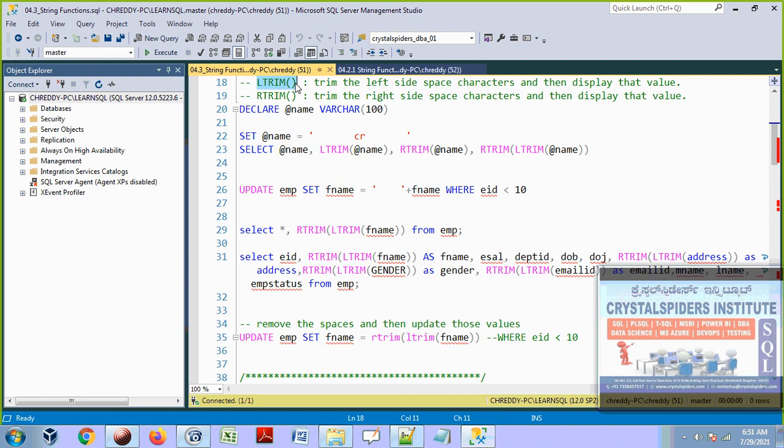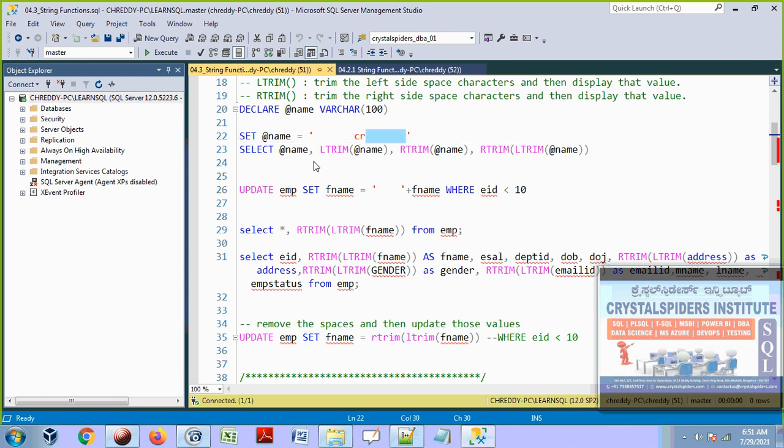So ltrim will trim the left side space characters. If any space characters are on the left side of a value, those will be trimmed. Rtrim means the right side space characters; it will trim the right side space characters and then display the value. Here you see, this is my value, and it has some space characters on the left side and some on the right side.